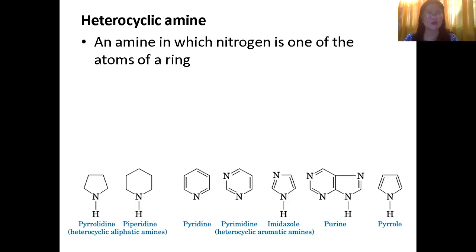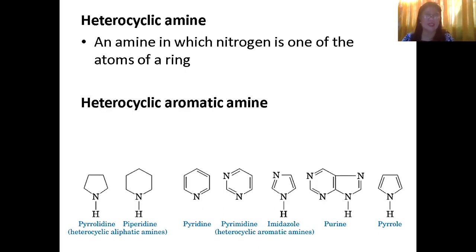It is the heterocyclic. What do you mean by heterocyclic? Heterocyclic amine is one in which nitrogen is one of the atoms of a ring. So an example of this heterocyclic amine is the pyrrolidine.